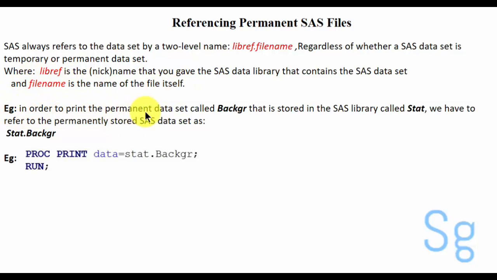In order to print the permanent dataset called background that is stored in the SAS library called stat, we have to refer to the permanently stored SAS dataset as stat.background, and it will be written here as stat.background.